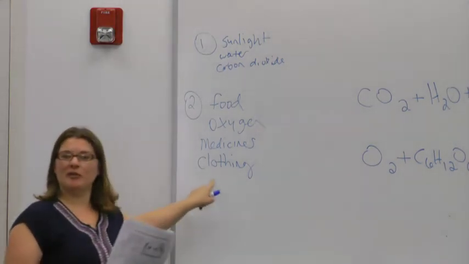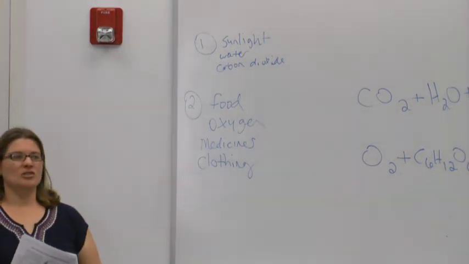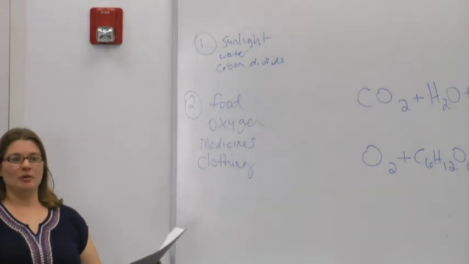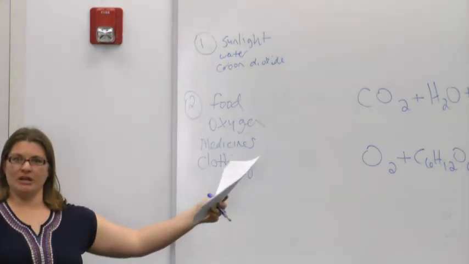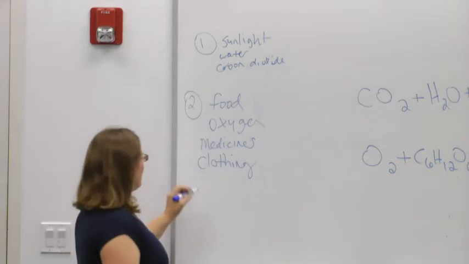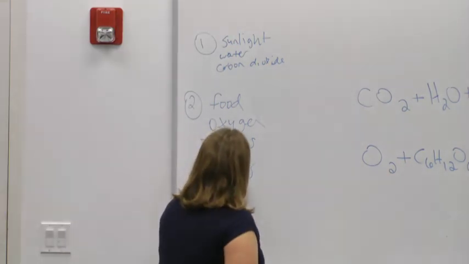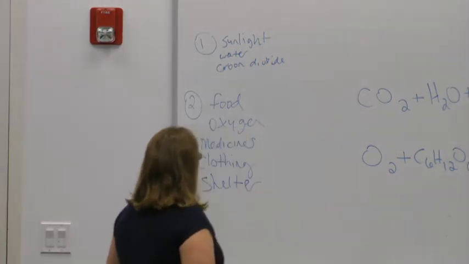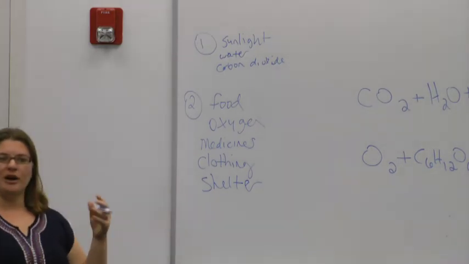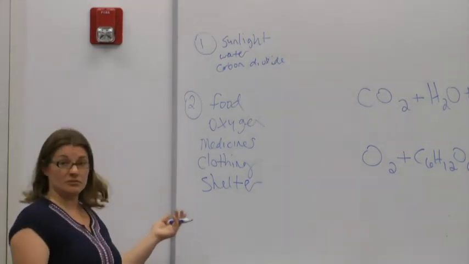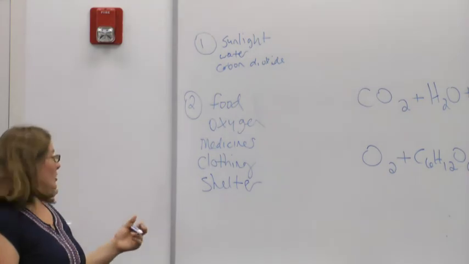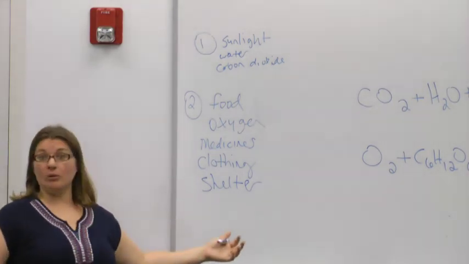There's one more thing I'm looking for here. One more thing I'm fishing for. So humans like to have a protective covering over them, right? Shelter, right? So when you think about something that everything needs to survive, humans need food, clothing, oxygen, shelter, medicines to extend your life and keep you healthy. But yeah, shelter, right? What do we build?